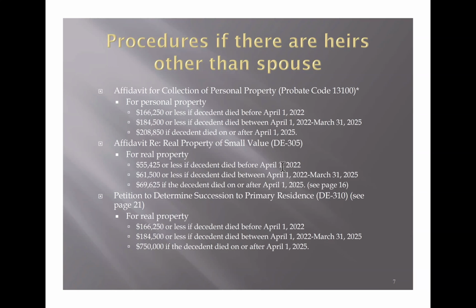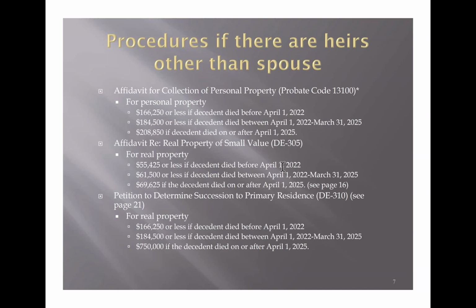And for that, all of the real property that the decedent owned had to be worth an amount within these limits according to the year that they died. If they died after April 1, 2025, it's now going to be $69,625. And in a minute, we'll go into the details of how to use this affidavit.